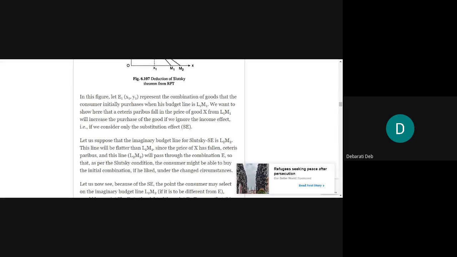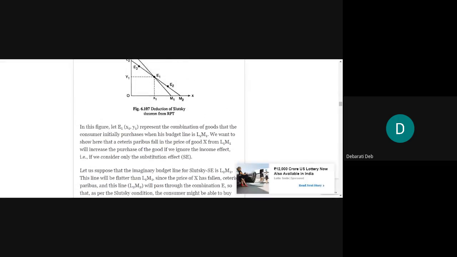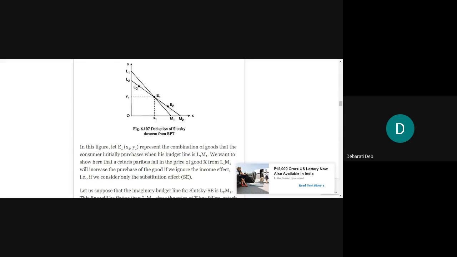But think of it like an effect that will make the budget line flatter. Previously it was L1 and M1, now it is moving to L2 and M2, and you can easily identify that the slope of L2 and M2 is quite flatter than L1 and M1.